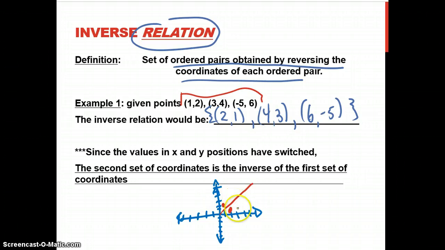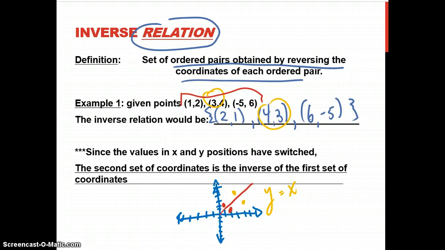If I graph the point 3, 4, and then 4, 3, so 3, 4 is up here, they're both reflected. So that's kind of how these two connect. That's something you'll always want to double check whenever you find the inverse relation: that it's reflected across the line y equals x. And that is how you find inverse relations.